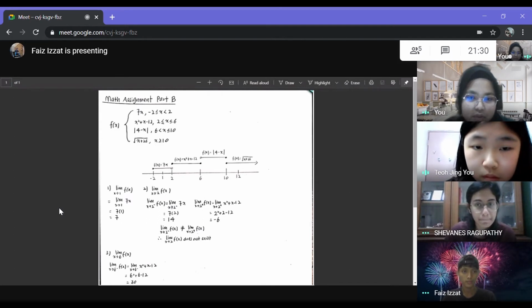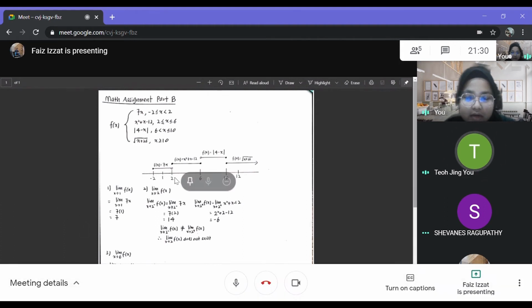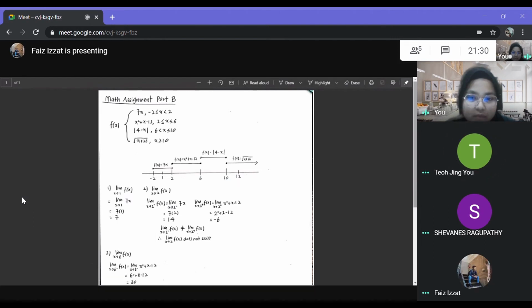We substitute x with 2, so the answer is 14. Then the limit of the function f(x) as x approaches 2 from the right. Because it's the right hand side, we take x squared plus x minus 12. We substitute x with 2, so 2 squared plus 2 minus 12.